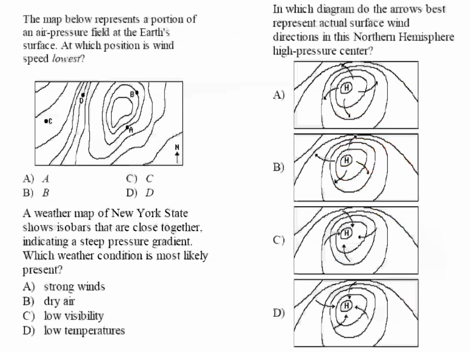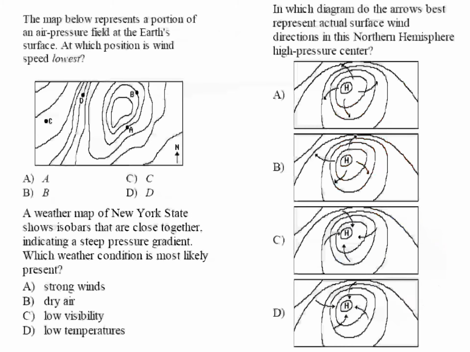The map below represents a portion of the air pressure field at the Earth's surface. So again, we're talking air pressure. So these are isobars, right? At which position is wind speed the slowest? If you remember correctly, wind speed is based on pressure gradients. So how close are those isobars?